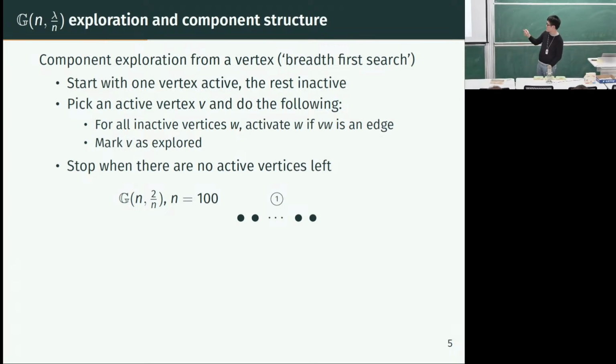Since the probability is fairly low, it's just 2 over n, where n is potentially very large, on average I pick out something close to 2 of them, maybe in fact exactly 2 of them. Maybe it turns out to be these two fairly random numbers, 25 and 74. And we just iteratively do this. Now I start from 25 instead. I will have all the rest of these vertices, which are inactive. I check whether each and every one of these has an edge to 25. I do this also for 74, and so on.